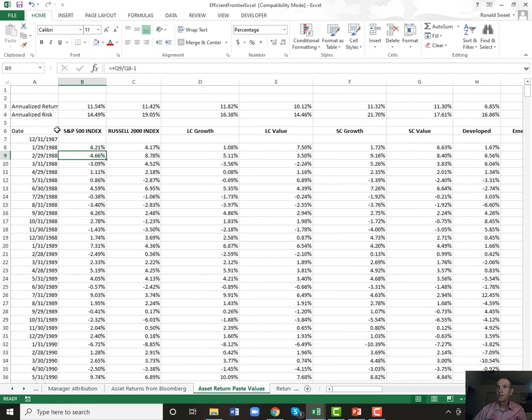If you look at the pace values, S&P 500 index, that's what we call large cap core. The Russell 2000 is small cap. So just know that. You just put it in your notes. S&P 500, that's large cap. Russell 2000, small cap. So if you got a large cap manager, you might compare them to the S&P 500, large cap value and growth. If you got a small cap manager, you might compare them to the Russell 2000, small cap growth and small cap value.